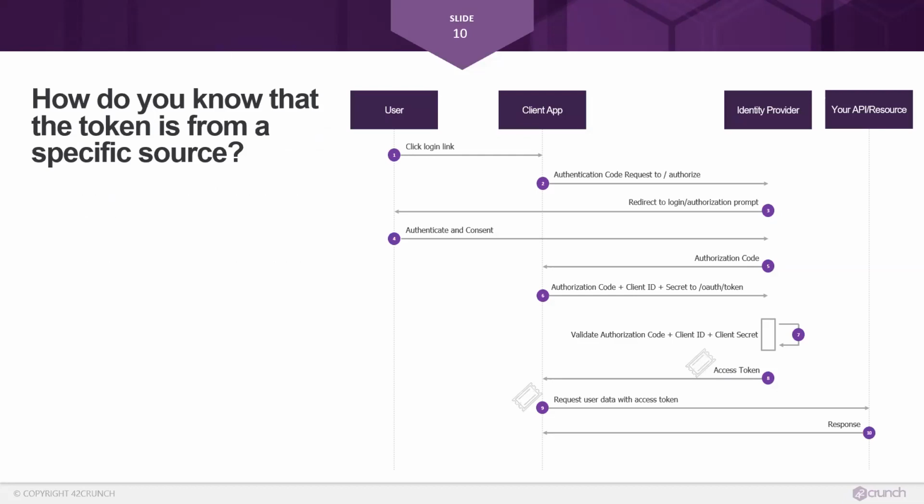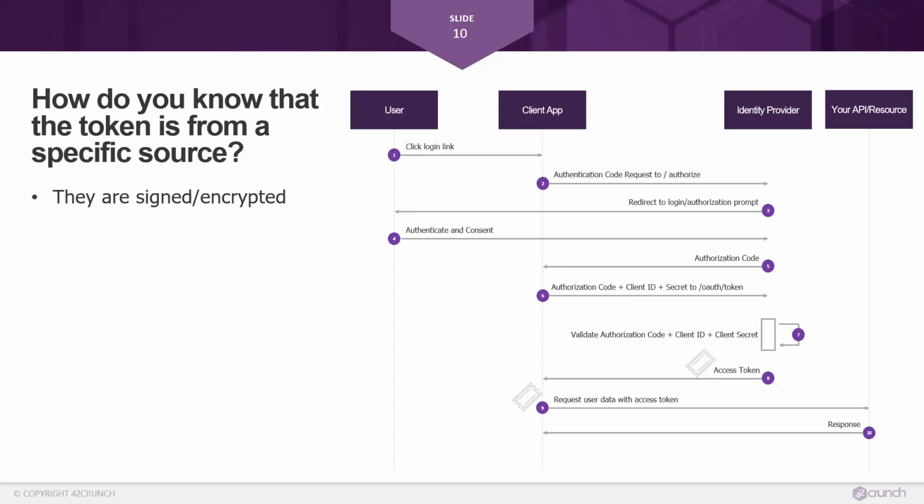So how would you know that a specific token is coming from a specific source? Well, tokens should be signed and encrypted, meaning that you should be able to verify that the guy that emitted the token is the proper guy.